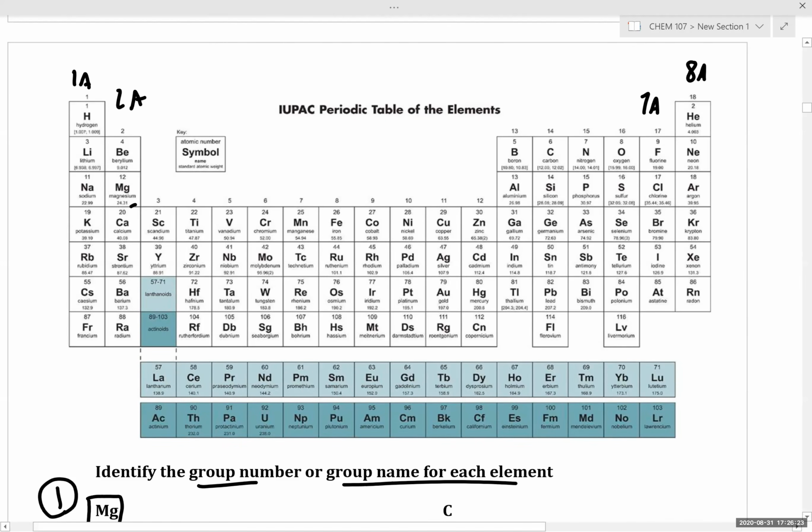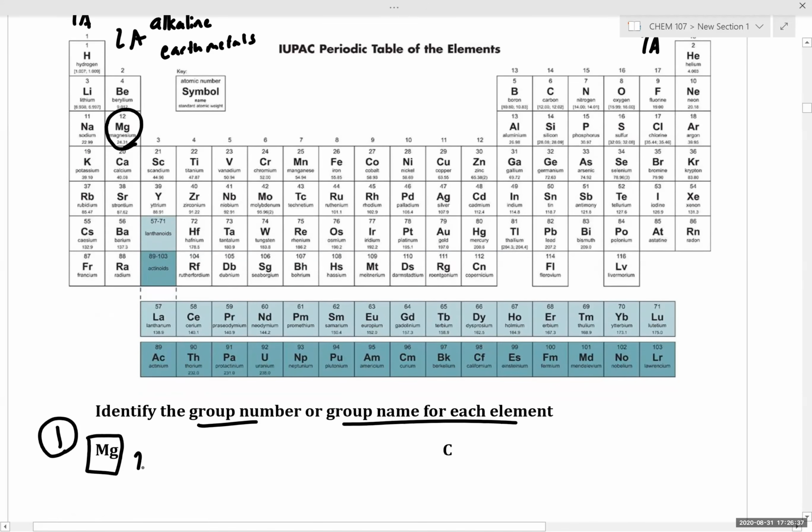So magnesium falls in group 2A, and this is known as the column or the group of alkaline earth metals. So magnesium is a group 2A element, and it is an alkaline earth metal. Wonderful.